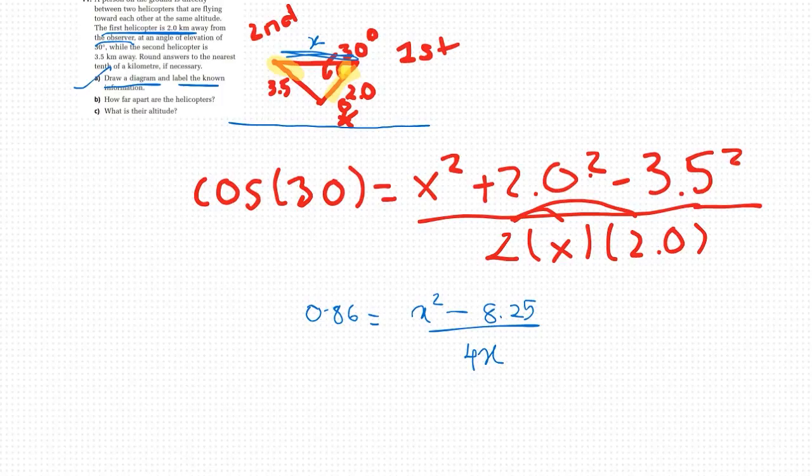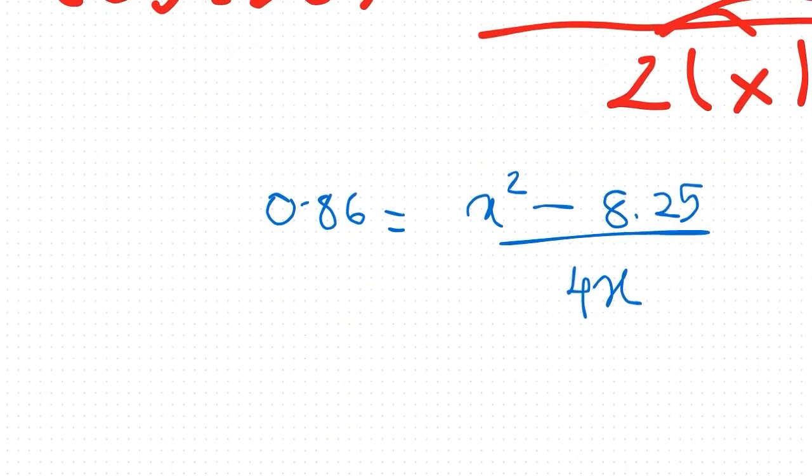I don't know how to get rid of the 2x values. The general method is cross multiply. So it would be 0.86 times 4x equals x squared minus 8.25.